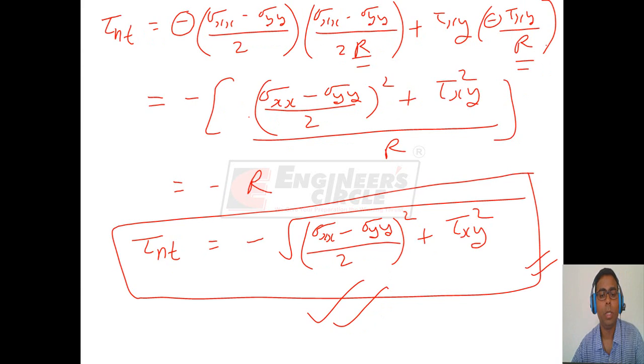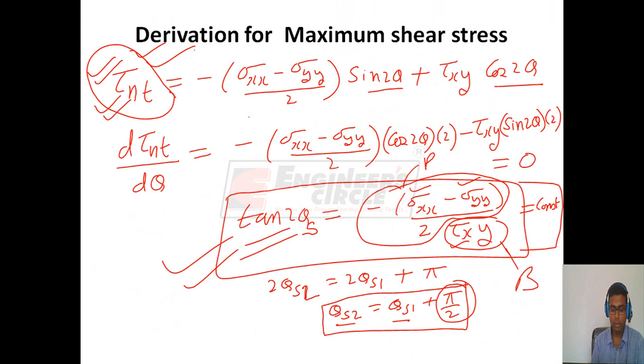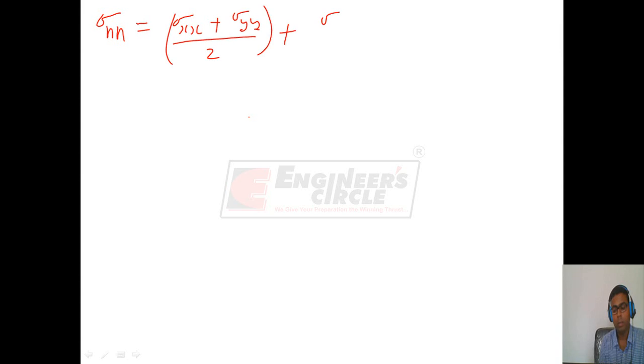For this we put the value of maximum shear stress planes, that is these planes, in the equation of sigma nn. The equation of sigma nn is given by sigma nn equal to sigma xx plus sigma yy by 2 plus sigma xx minus sigma yy by 2 into cos 2 theta plus tau xy into sin 2 theta.